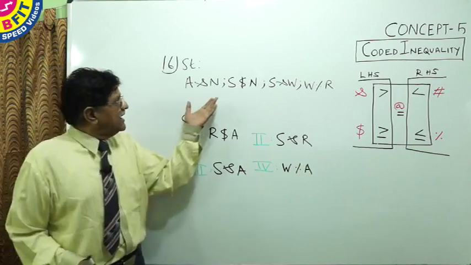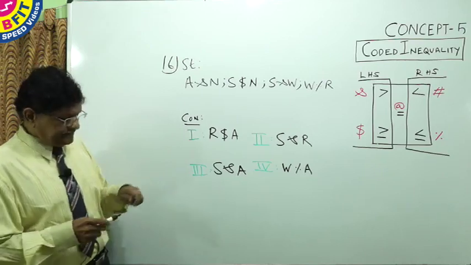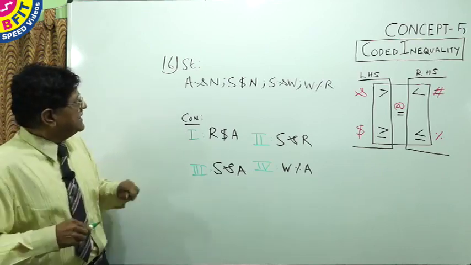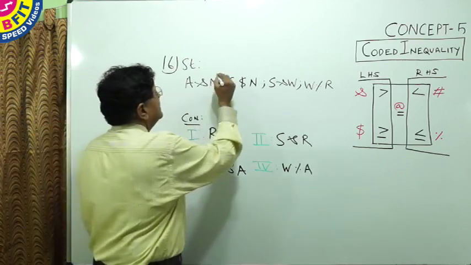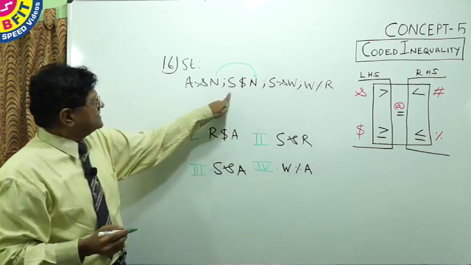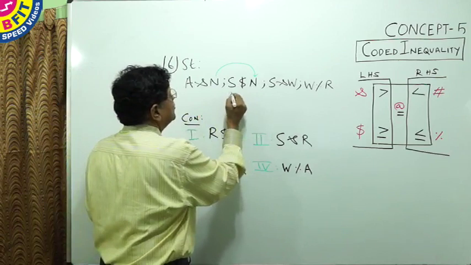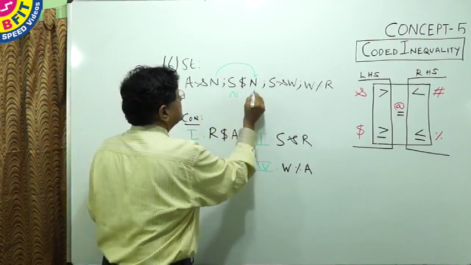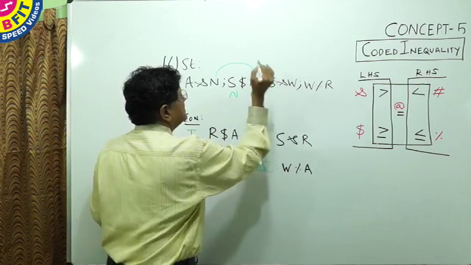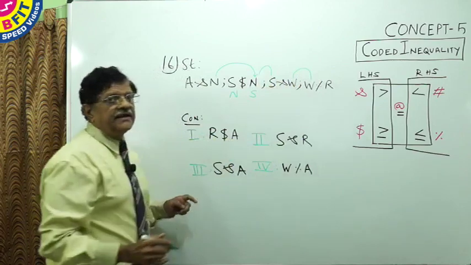Now look at the statement. The statement is A ampersand N, N S dollar N, and then we have to convert it into N S, and then if S comes here, then next is S, then next is W. We can combine it into a single statement.